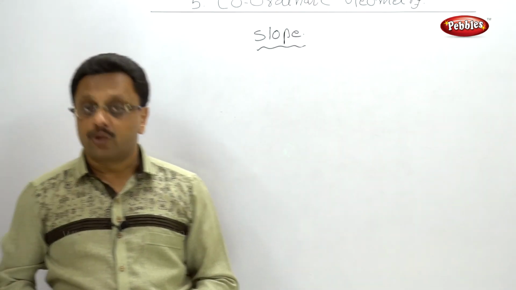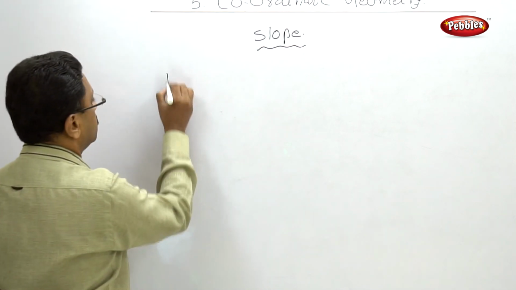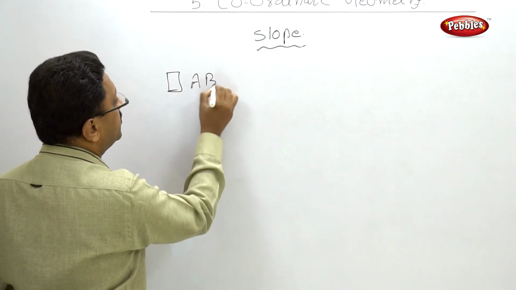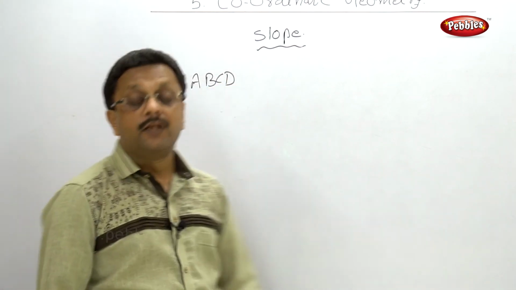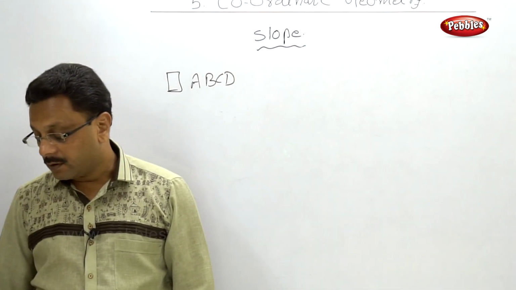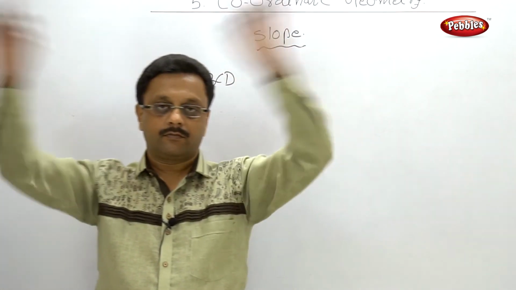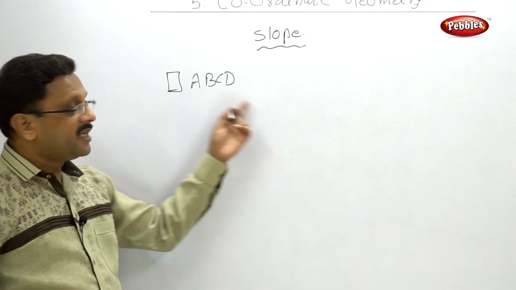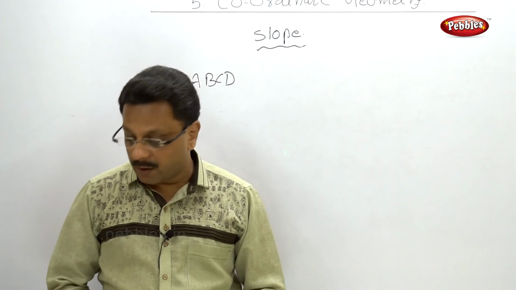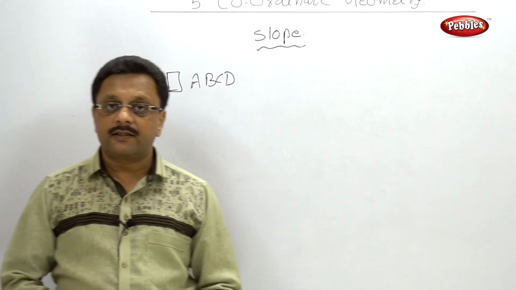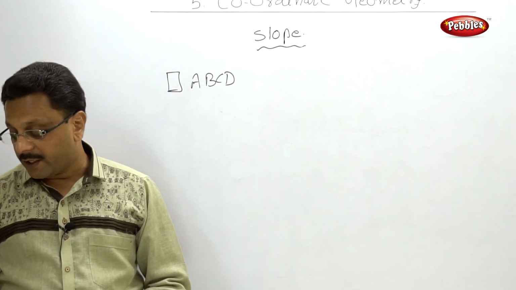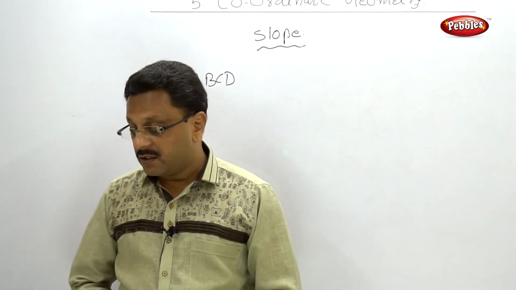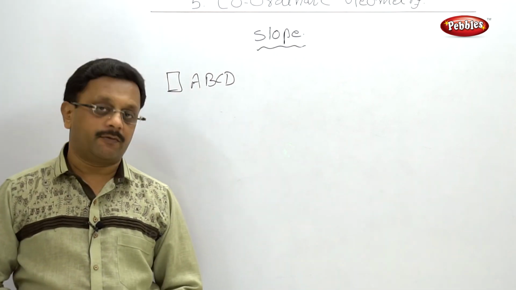The problem is, show that quadrilateral ABCD is a parallelogram if its vertices are A (4,8), B (5,5), C (2,4) and D (1,7).